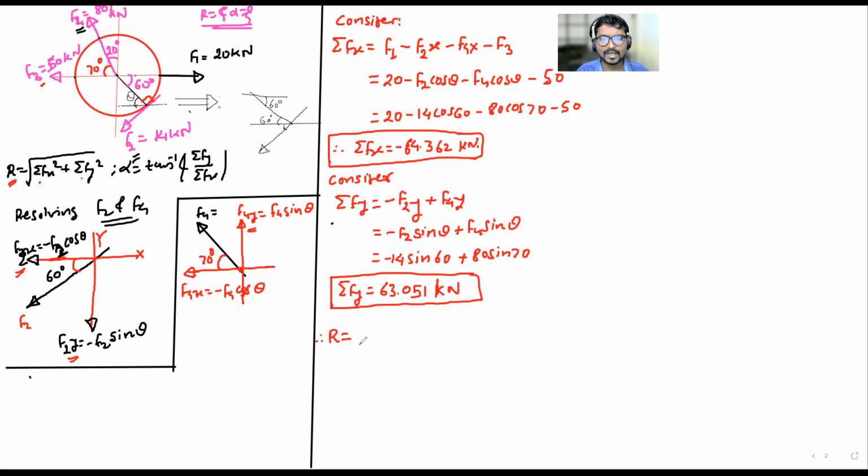Now therefore R is equal to root of summation of forces along the x-axis squared plus summation of forces along the y-axis squared. Therefore R is equal to under root of summation Fx, which is 64.362. Here I take it as positive, because when squared the minus becomes plus, so I directly take plus. Plus summation Fy, which is 63.051, bracket squared.